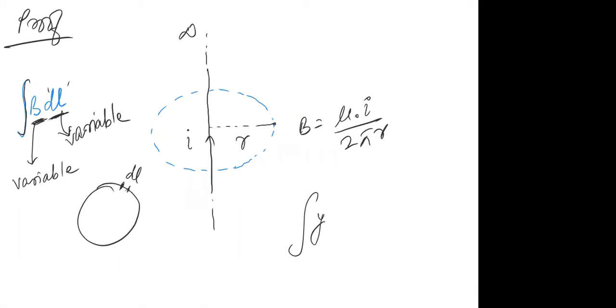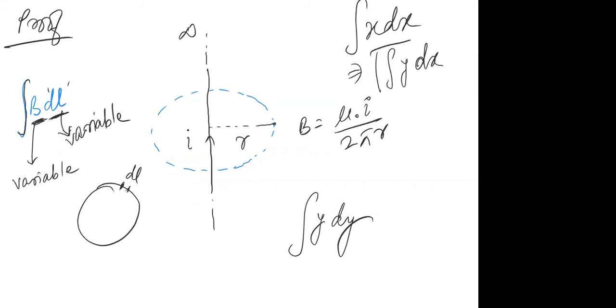You must have seen the integration of y dy, and of x dx, but you may not have seen the integration of y dx. If you are integrating a quantity, it should be integrated with respect to the same quantity. If you don't have the same quantity, you cannot integrate unless you know the relation between these two quantities.